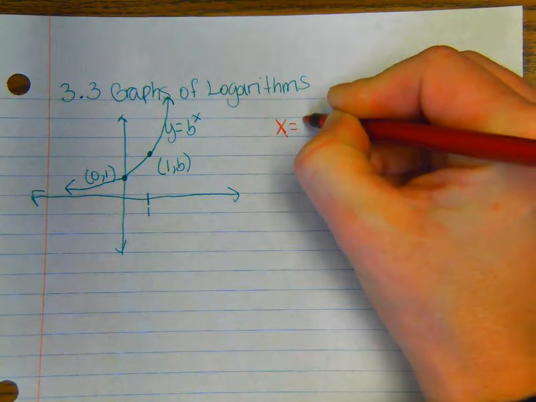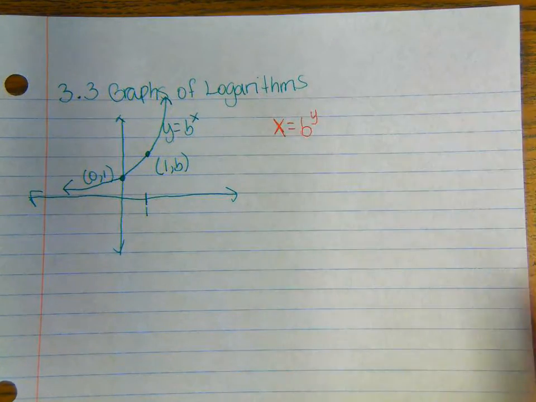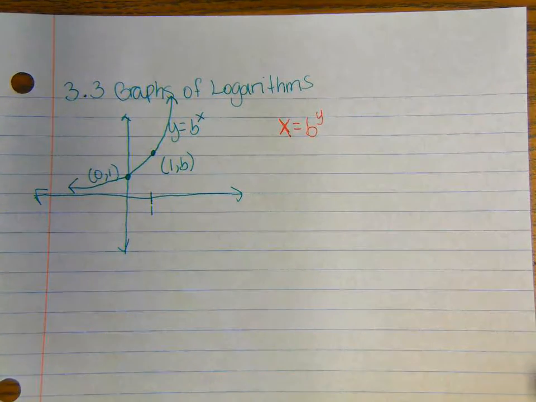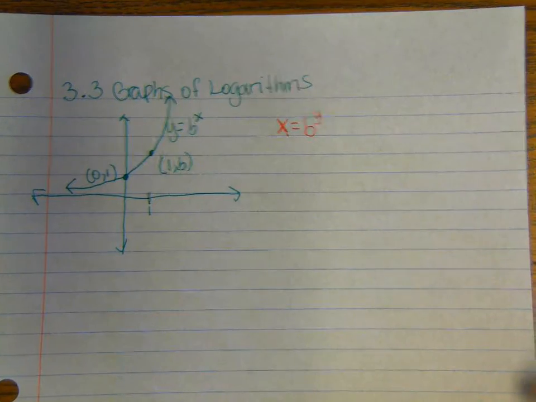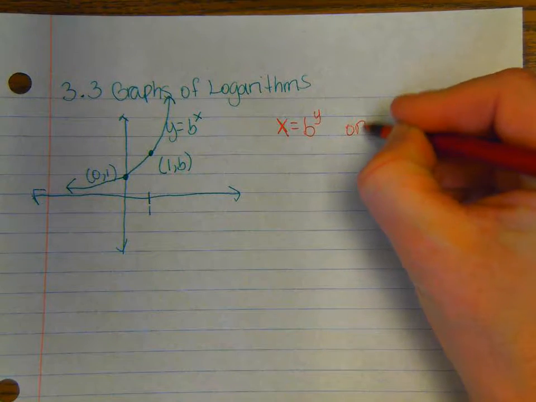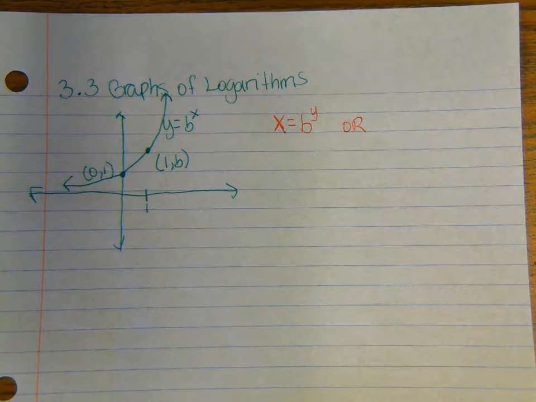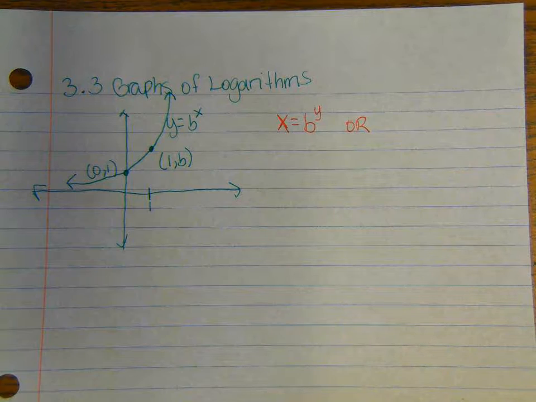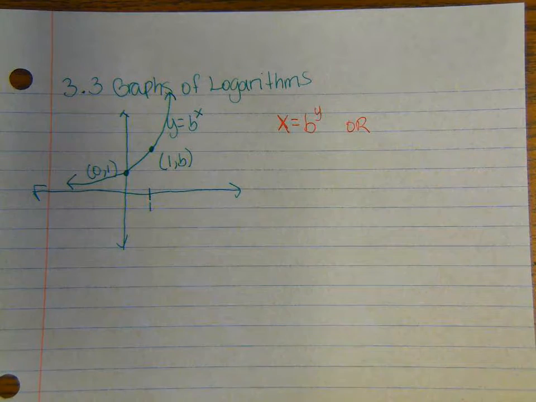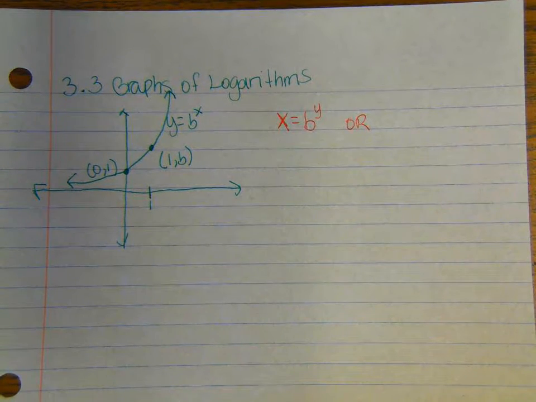And we said, how could we write that in logarithm form? What's the base of the log? If you need to peek back in your notes, you can. Where do you find the base of the log?